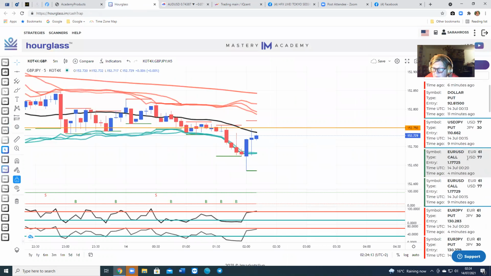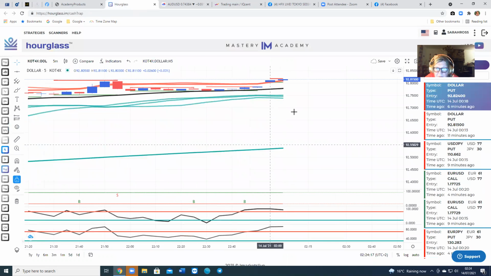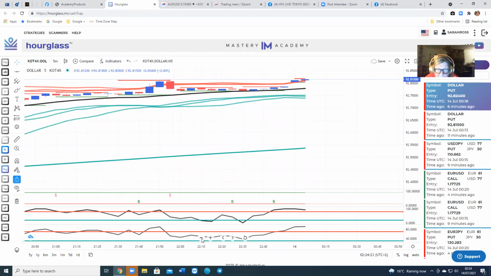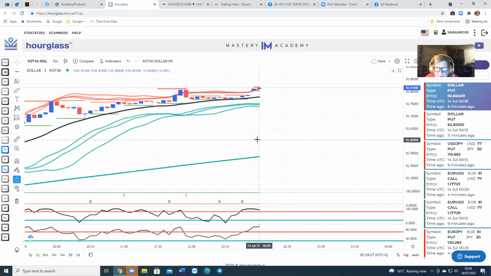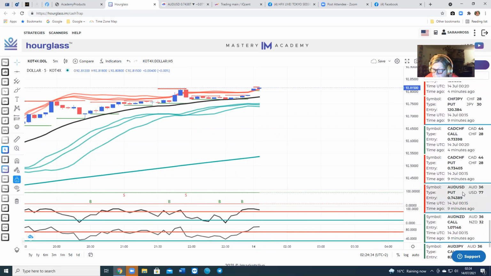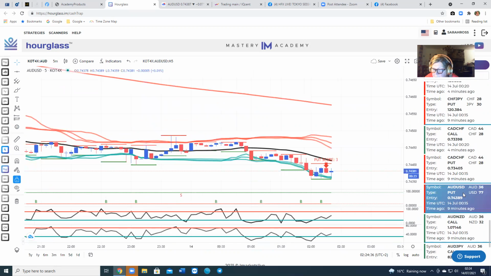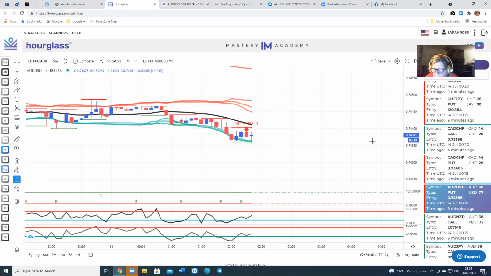See what the dollar's doing. Still saying put. Just flatlining a bit. We want the dollar to take off. Up at 381.